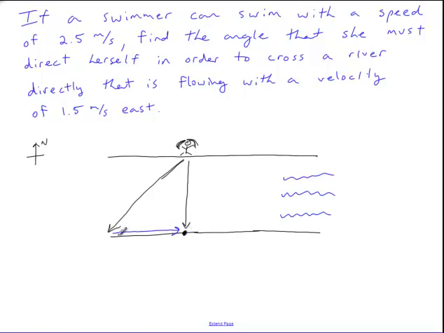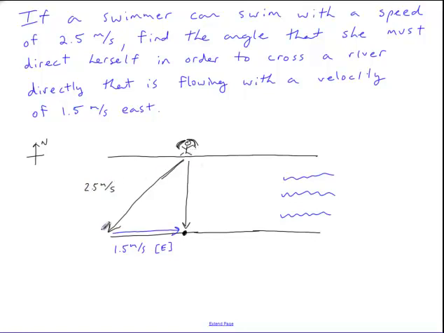What do we know? We know that the current is flowing at 1.5 meters per second east. Okay, she can swim with a speed of 2.5 meters per second. So this one right here is her swimming at 2.5 meters per second.